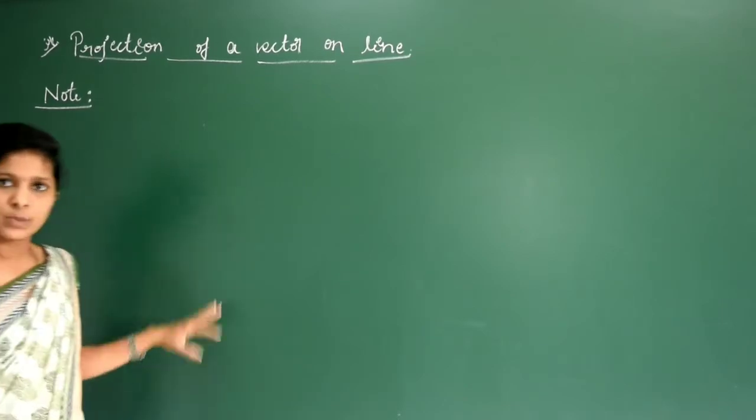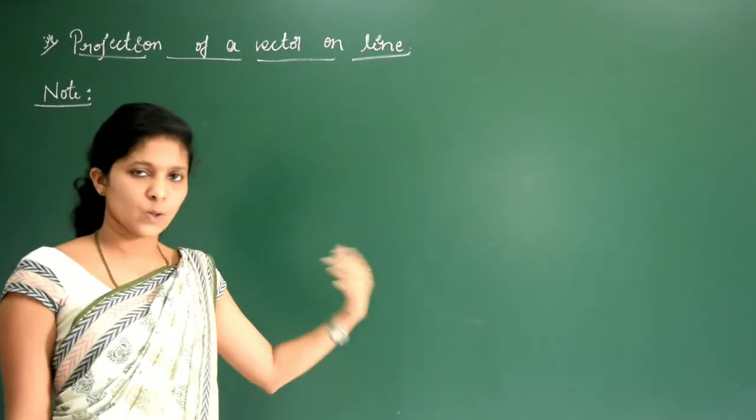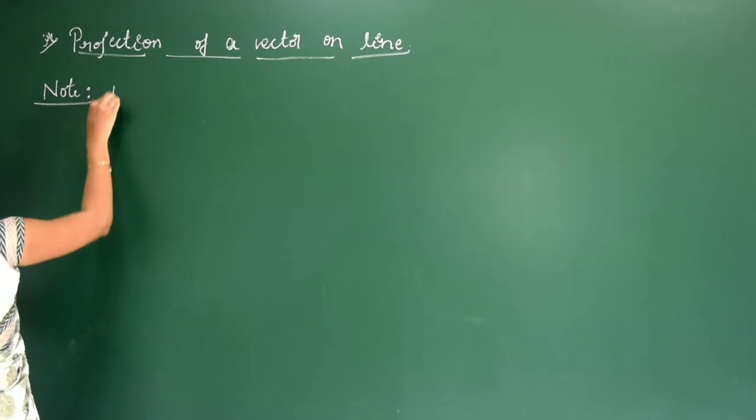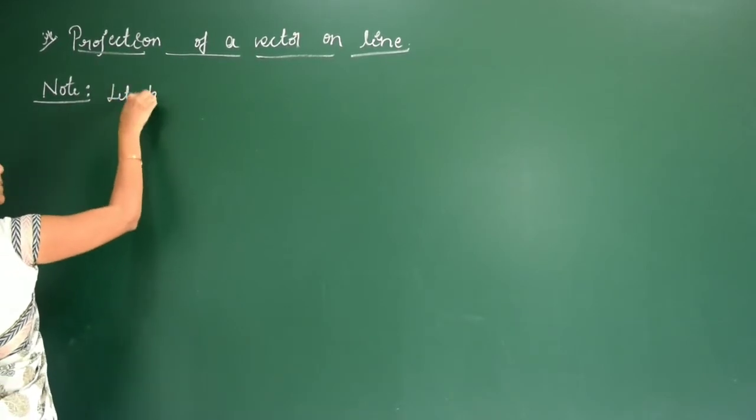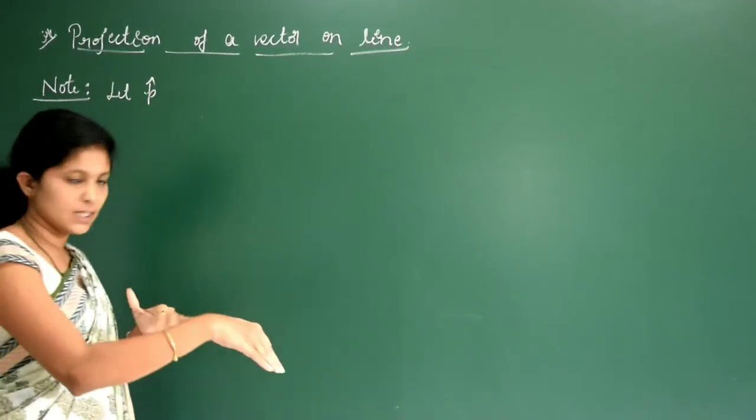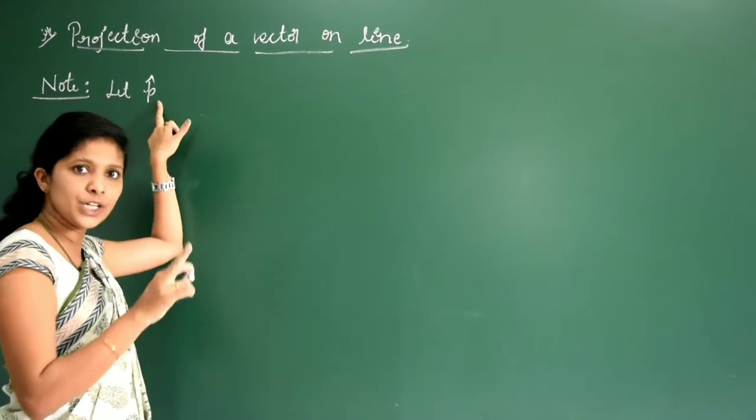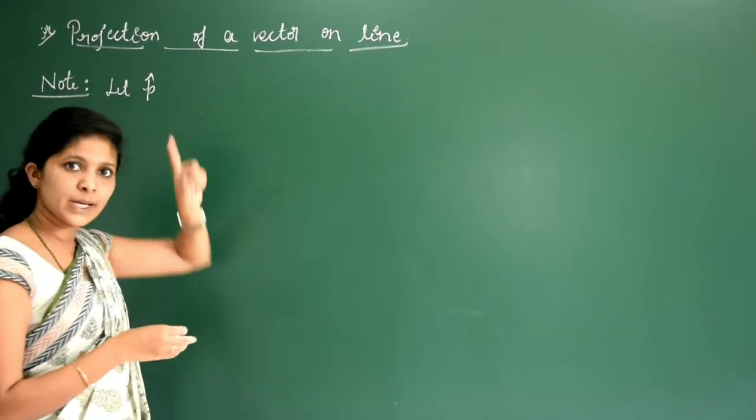Here we will see some formulas. Those formulas are important to solve the problems. Let us consider P cap. We have considered the P vector, so P cap means it is a unit vector, I mean the magnitude of this will be equal to 1.